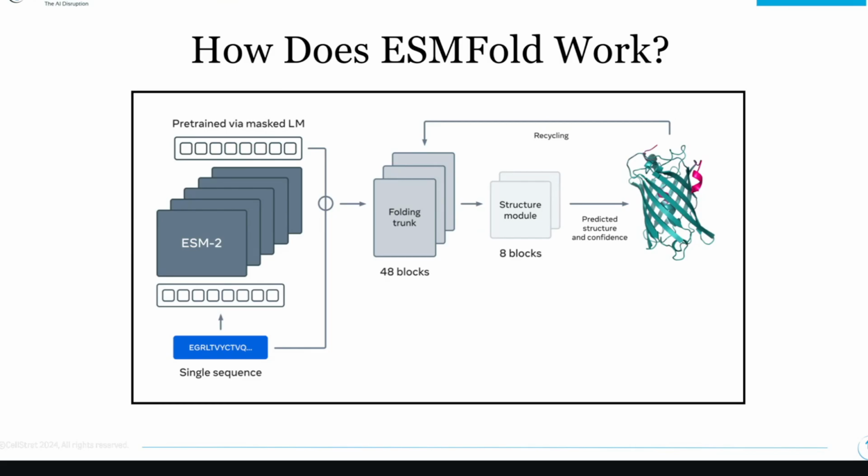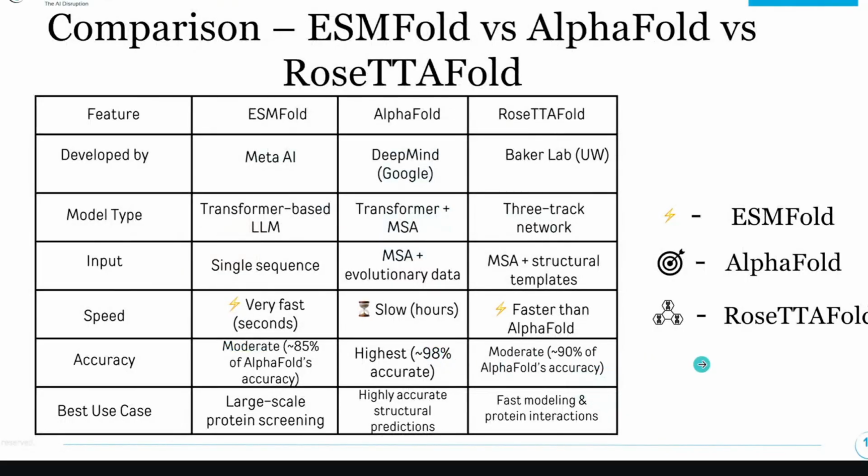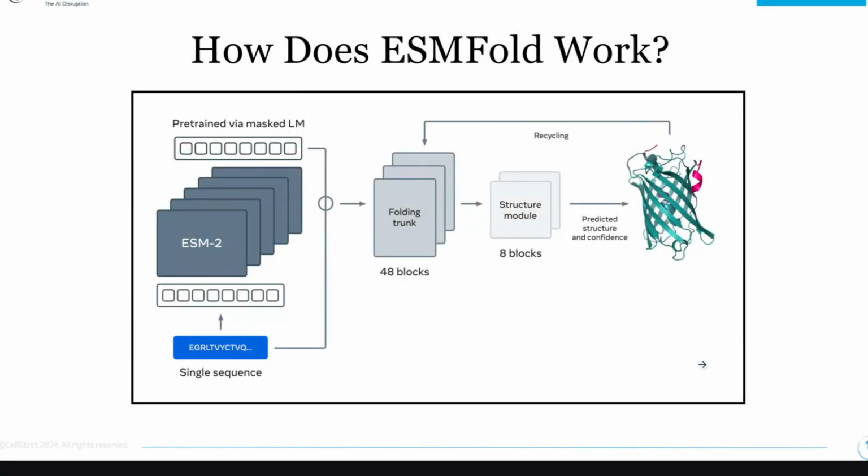Once this amino acid sequence is passed, as you can see here, this step is where it passes through the transformer model, which processes the sequences in 48 blocks. So whatever the single sequence is, this folding trunk, with its 48 blocks, extracts the structural information. This step is analogous to how AlphaFold refines protein conformation, but without requiring evolutionary alignment.